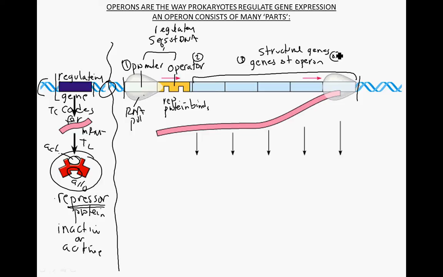These structural genes are genes of the operon, so if we call this gene A, gene B, gene C, gene D, and gene E, right? So these are several genes that are all clustered together, a family of genes that when they are transcribed, so there's no arrow here showing this, but you see this RNA polymerase, if it's moved from the promoter down, you've then made this piece of mRNA, so you've done transcription.